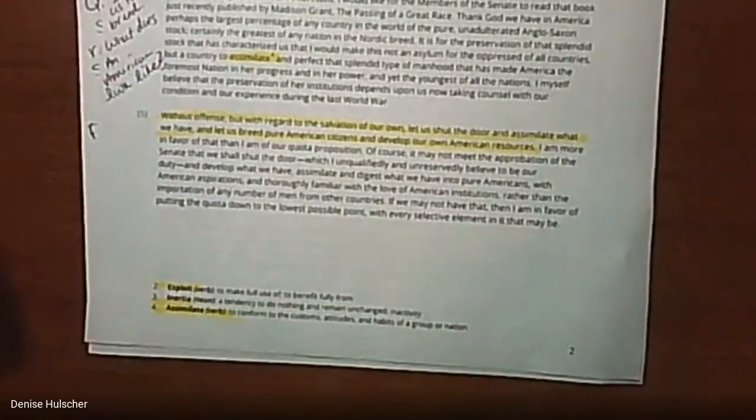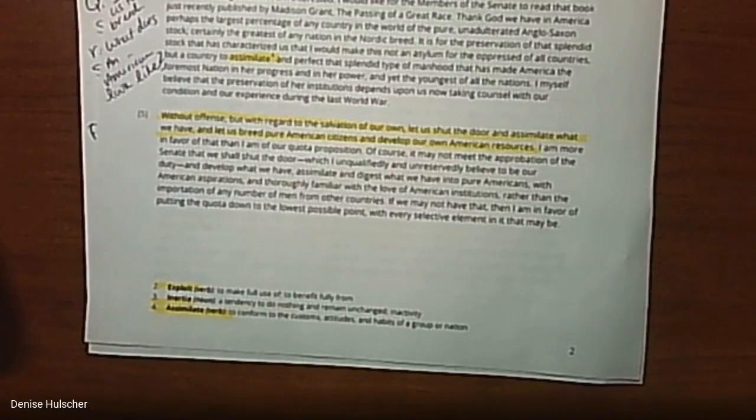Without offense, but with regard to the salvation of our own, let us shut the door and assimilate what we have, and let us breed pure American citizens and develop our own American resources. I am more in favor of that than I am of the quota propositions.